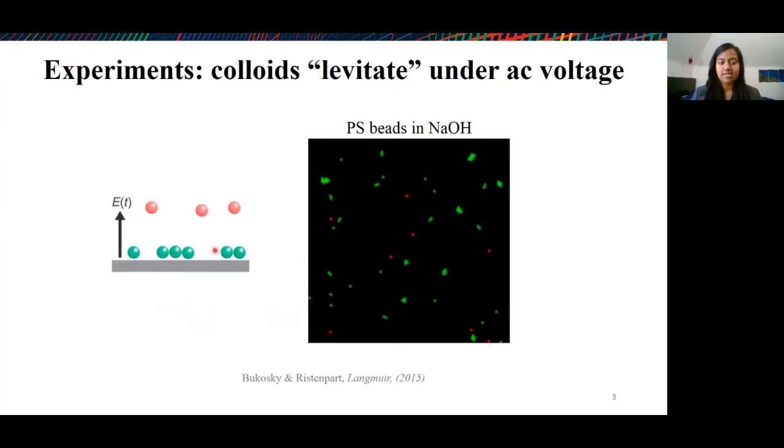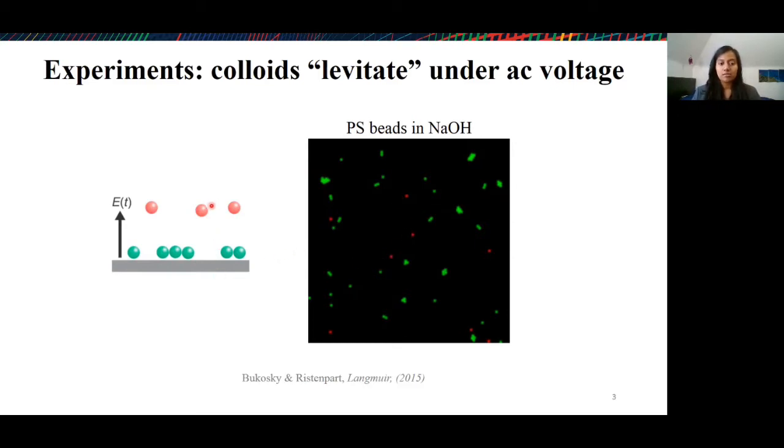What they also find is this kind of strange behavior of some of these colloids that float or levitate at a certain height away from the electrode. The image on the right is the same thing, but in microscopic form, where they have these planar aggregates of colloids shown in green, and these floating colloids shown in red.